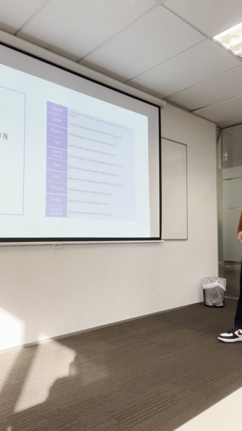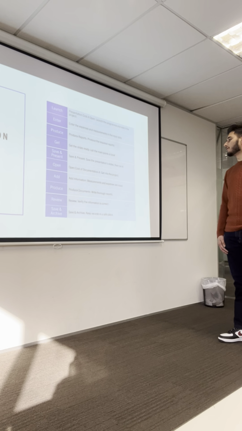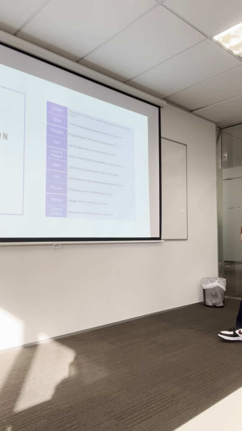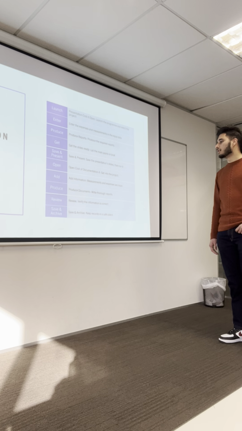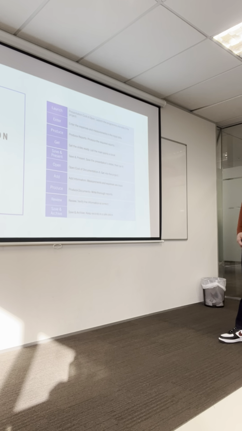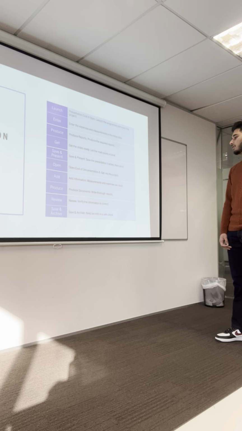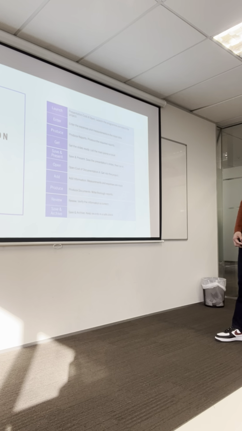Then open the cost documentation, get into the project, add further information like measurements and expenses which are required, and produce documents, write reports, review and verify the information that we already put in the presentation or documentation, and in the last we have to save the file.